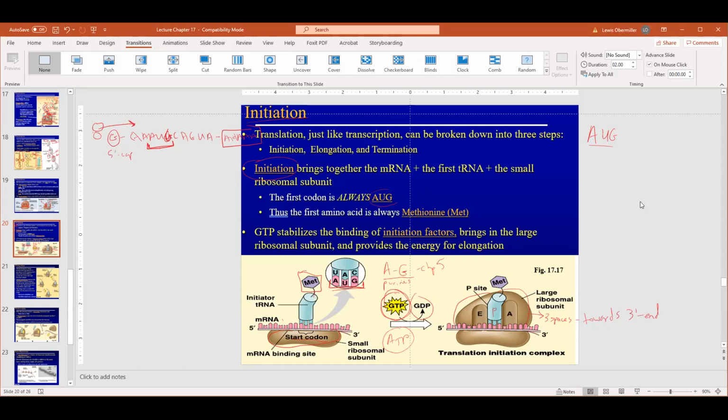But this is a good thing to know. It's like knowing the grammar rules, I before E, except after C and stuff. So the first amino acid is always methionine, which I just told you. So I might ask you that. What's the first amino acid of every protein? And it's always methionine. It doesn't matter what organism it is, except for viruses.